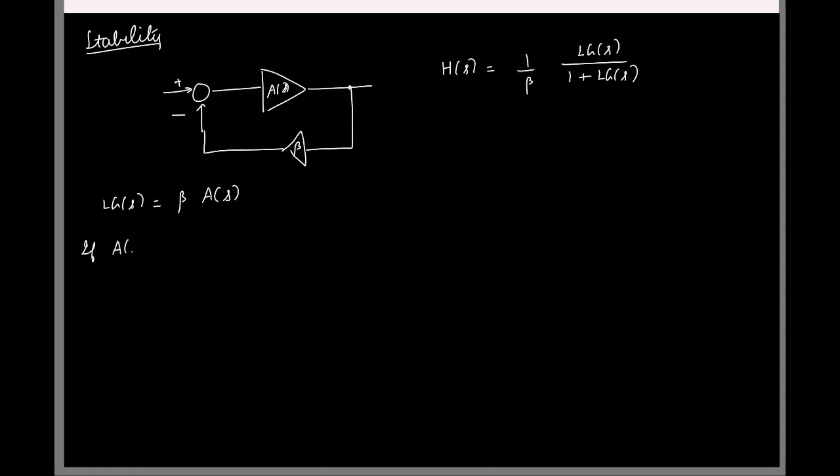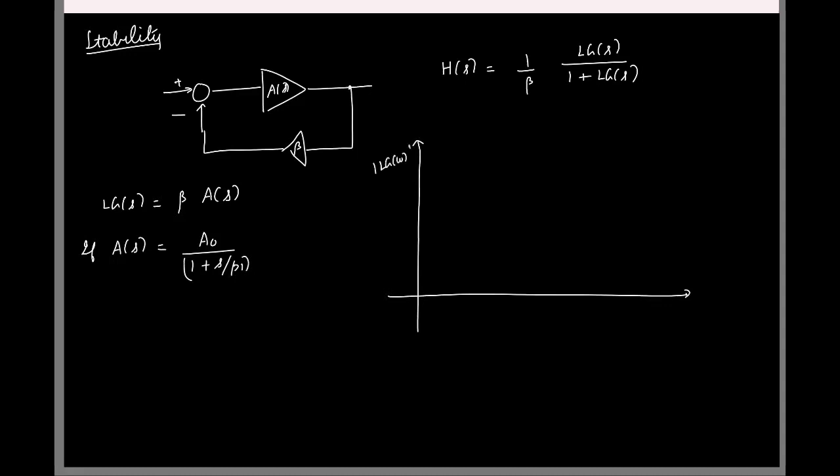And we saw if this was a first order system, then the loop gain magnitude plot looks like this.